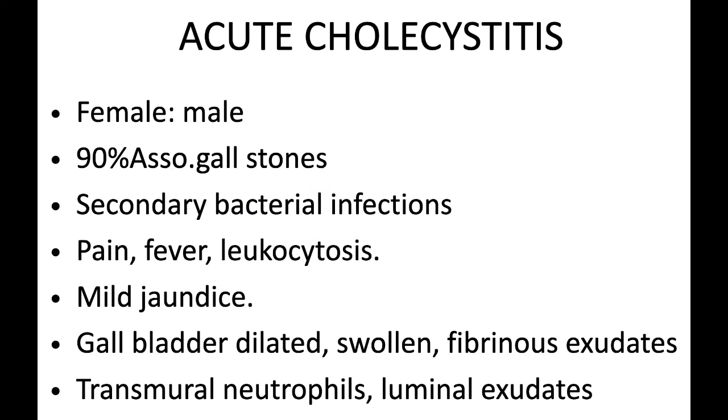The patient may have fever, leukocytosis, and mild jaundice due to obstruction of the biliary tree. Whenever we take an ultrasound, the gallbladder is dilated and swollen, fibrinous exudates are there, and the gallstones will be there. If we take the histology, there will be transmural neutrophils, as it is acute cholecystitis, and luminal exudates along with mucus formation.